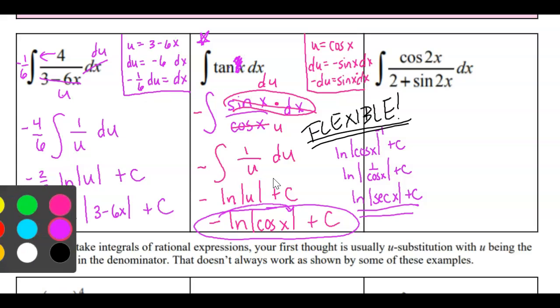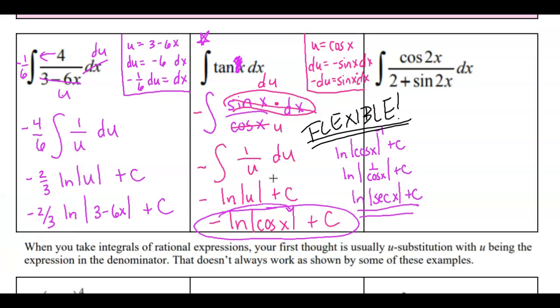On the next problem, it looks pretty complicated. So I'm going to pick u to be my denominator. And then du, remember, we're going to need a chain rule. So the derivative of sine is cosine, the inside stays the same, and the derivative of the inside. Don't forget that.